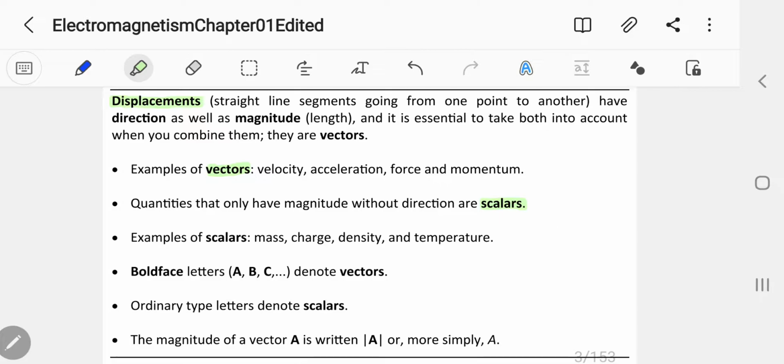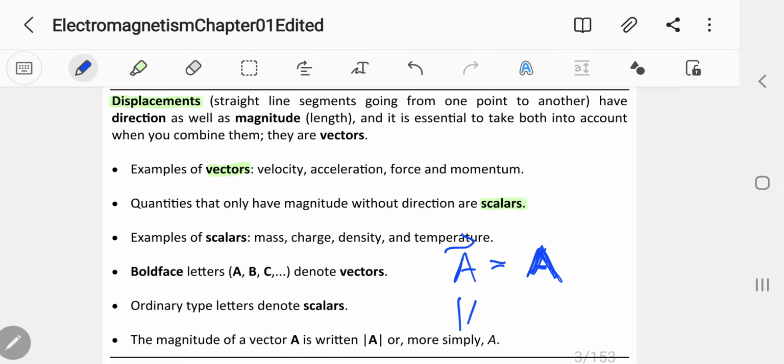Usually vectors are represented by bold-faced letters. So you usually don't represent a vector as just A; it is also equal to a bold-faced letter.